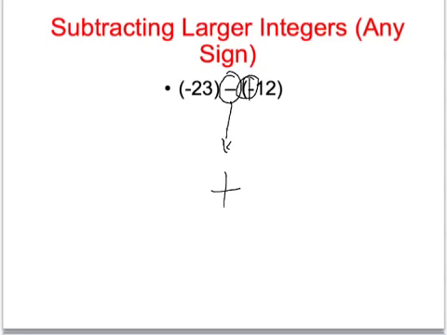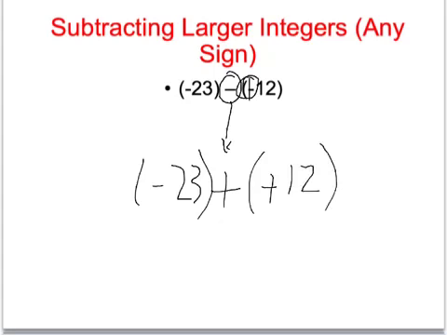So here, instead of negative 23 minus negative 12, I'm going to think of it as negative 23 plus positive 12. And I'm going to use that same trick from adding the larger integers, which is to keep the sign of the larger absolute value, which is negative 23. I'll keep that negative, and I'll subtract these two numbers, 23 and 12, which gives me 11. So our answer for this question would be negative 11. I'm going to add the opposite values together.